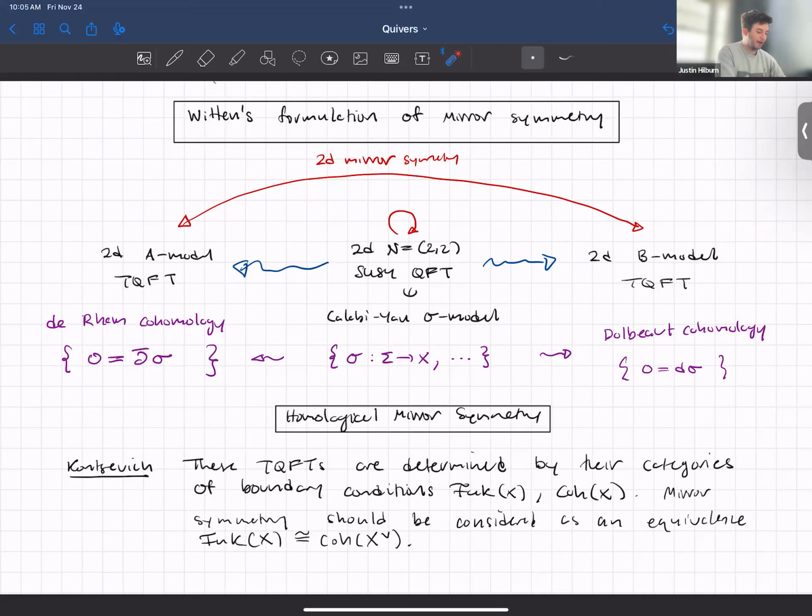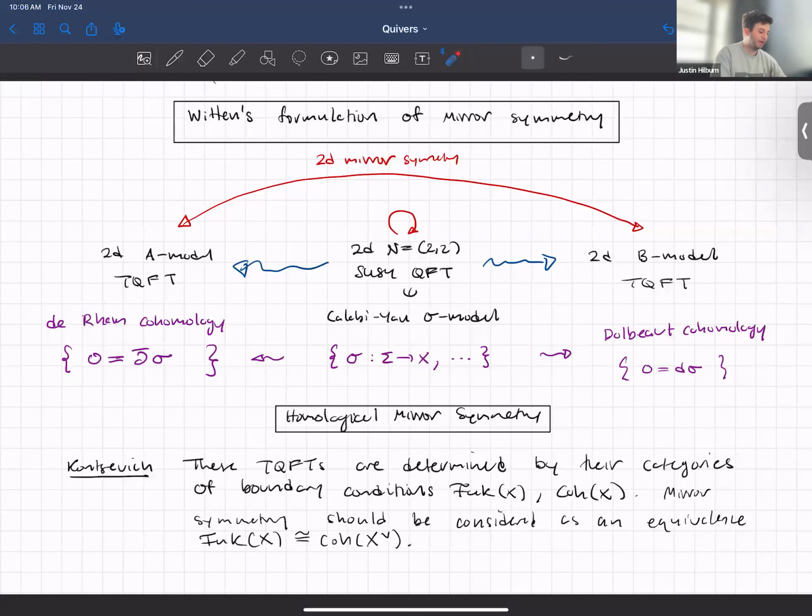There you study Lagrangians, and then holomorphic maps from Riemann surfaces with boundary on these Lagrangians. And in the B model, you have the category of coherent sheaves, which is built through Dolbeault cohomology of coherent sheaves.